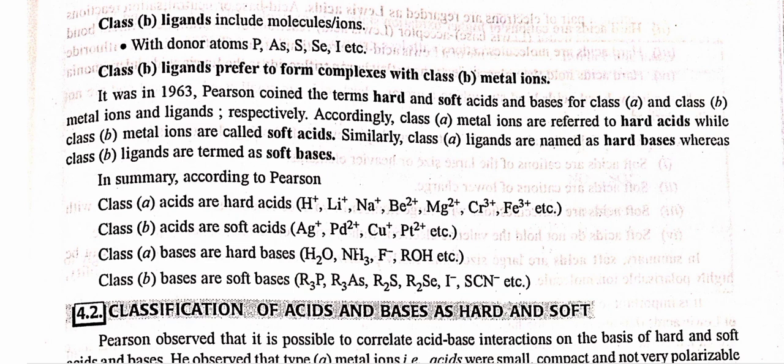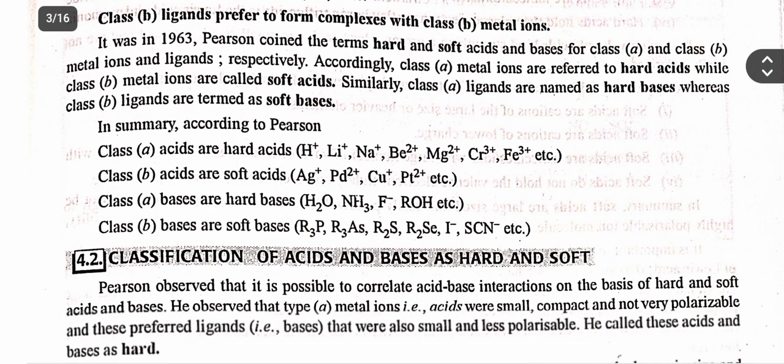It was in 1963 that Pearson coined the terms hard and soft acids and bases for class A and class B metal ions and ligands respectively. Accordingly, class A metal ions are referred to as hard acids while class B metal ions are called soft acids. Similarly, class A ligands are named as hard bases whereas class B ligands are termed as soft bases.